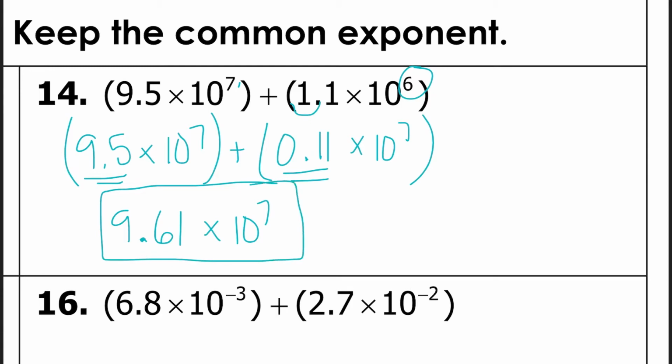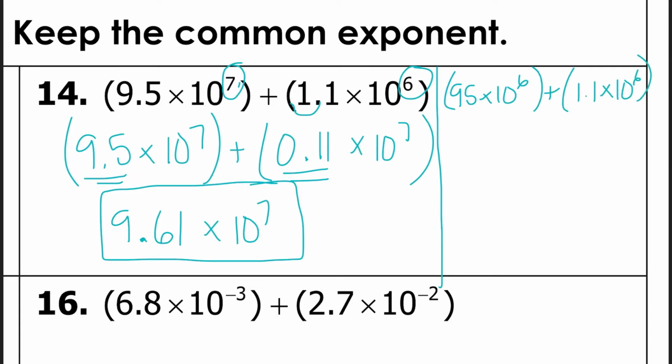So, you can change it at the beginning. You may also have to change it at the end. I'll show you how we would have gotten the same answer. Let's say that we did change this one down to a 6 instead, and we had 95 plus 1.1. So 95 plus 1.1 is 96.1.